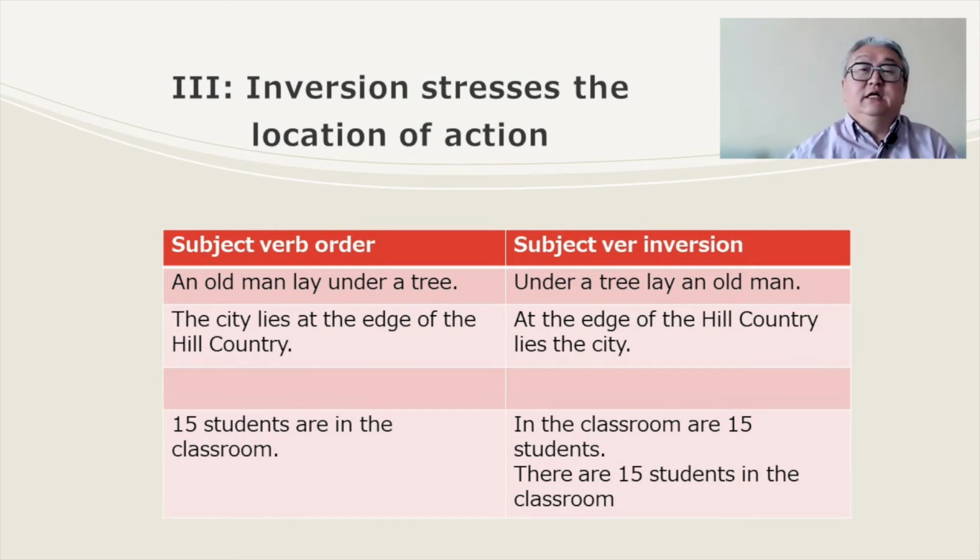So, the city lies at the edge of the hill country, the next example, and you start with where? At the edge of the hill country. Action, lies what? The city. So it's backwards. When you are going backwards, usually the most economical way of answering the question where is there, right?